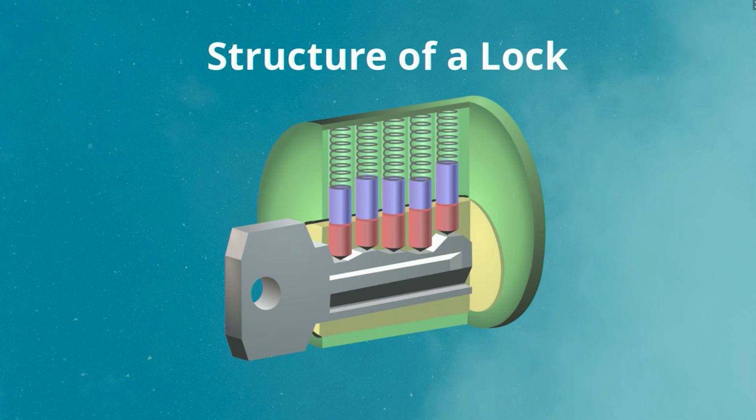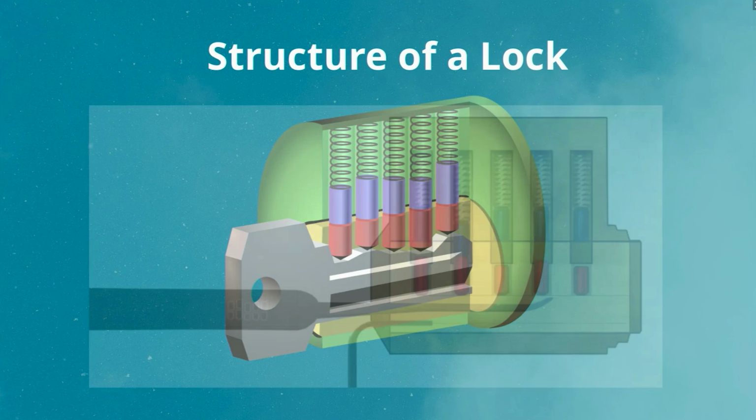Because it's aligned in that way, you can turn the key and it spins freely. If it was the wrong key, it wouldn't line up correctly, and so when you went to turn the key, you would instead hit part of the pin, and the lock wouldn't turn. So that's how a key works when you're turning a lock.